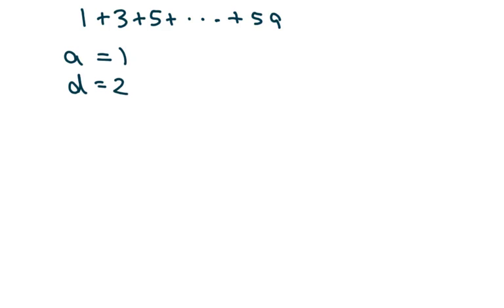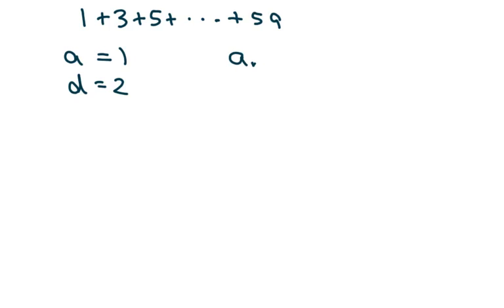We have 1 plus 3 plus 5 plus dots plus 59. Now let's find our a. First term is 1. My common difference equals 2. And I'm going to find the number of terms.